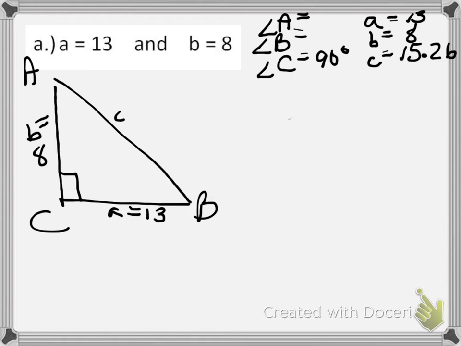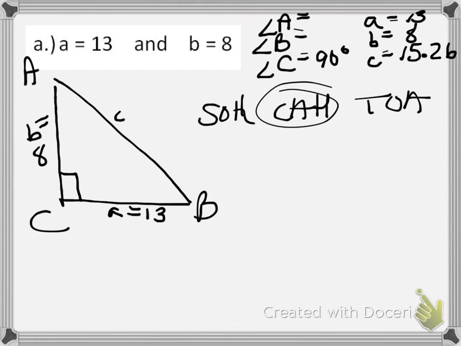The next step is for us to use SOH, CAH, or TOA. This time, it doesn't matter. I just picked cosine. I'm going to look for cosine of angle B. Well, that's going to be adjacent over the hypotenuse.